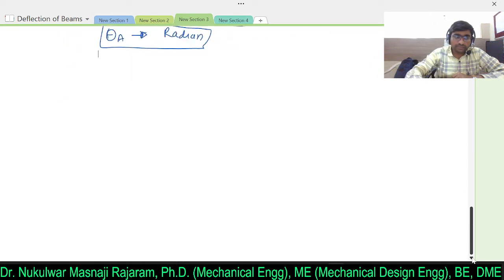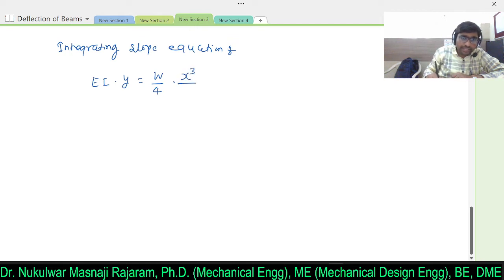So integrating the slope equation, we will get EI into y equal to w by 4 into x square. Integration of x square is x cube divided by 3, minus wL square divided by 16, it's a constant, so into x, plus here I will get C2. So this will be equation number 4.